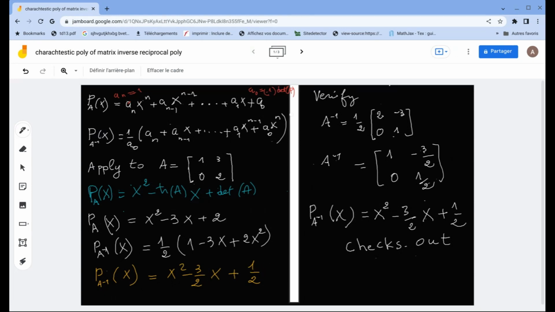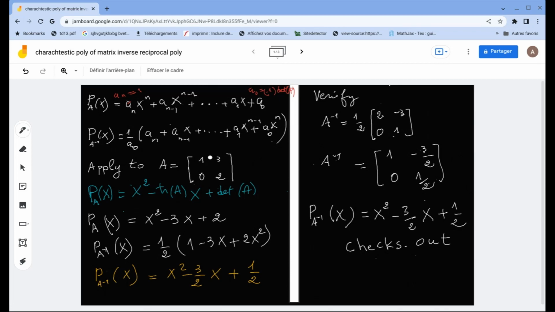I verify using another way, so I calculate the inverse of A using the formula of the inverse of a square matrix of size 2. So A inverse is 1 over the determinant. The determinant of A is 1 times 2, equal to 2, so 1 over 2.